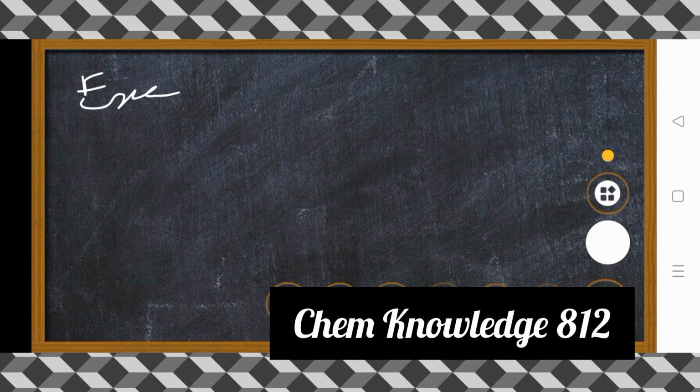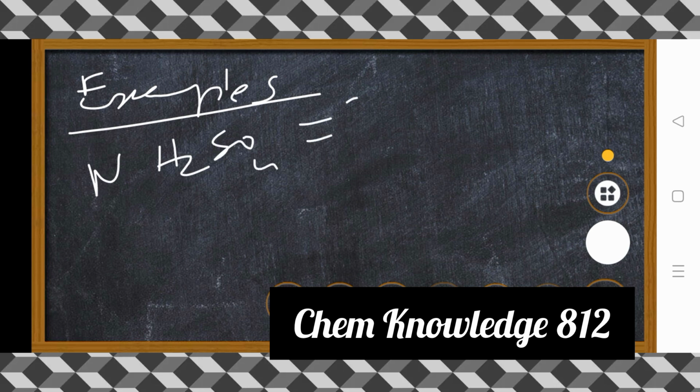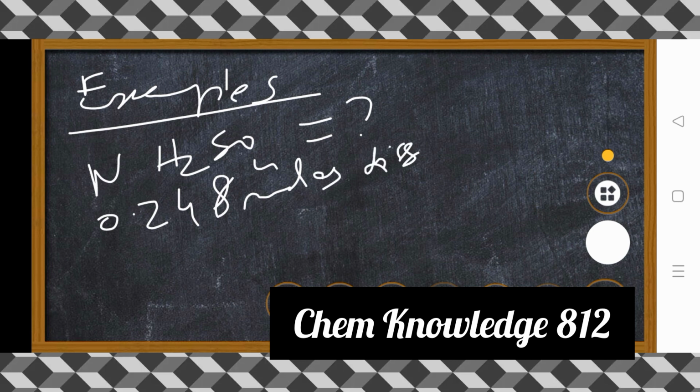For example, if we want the normality of sulfuric acid, and we have 0.248 moles dissolved in 250 ml of solution.